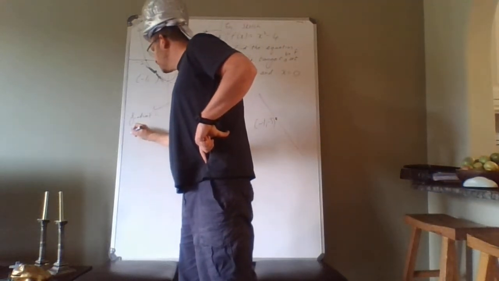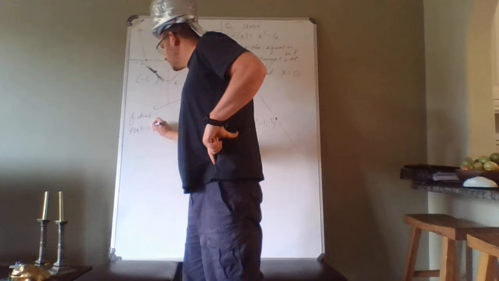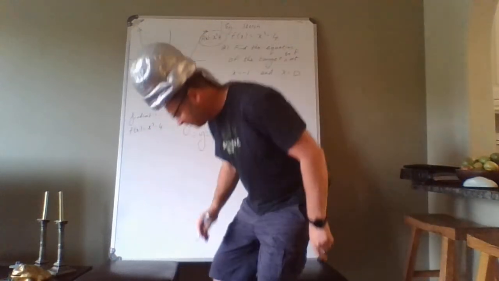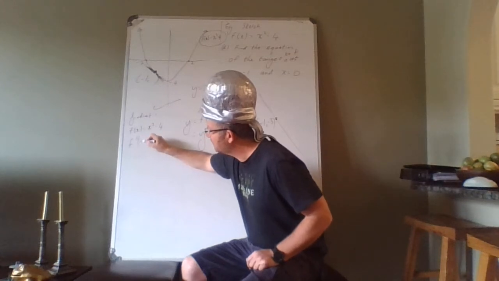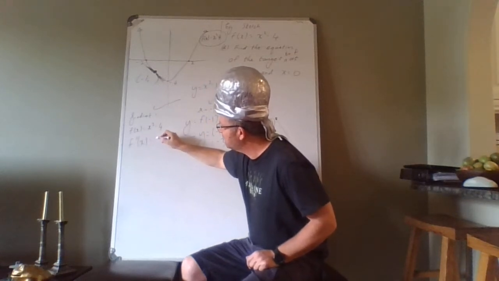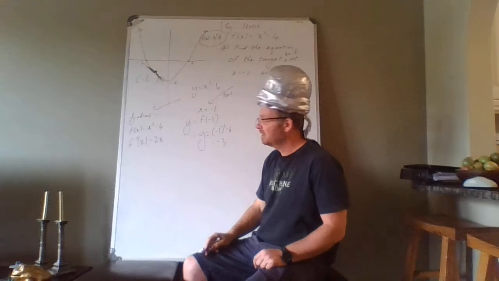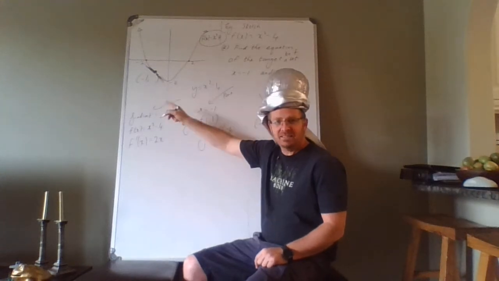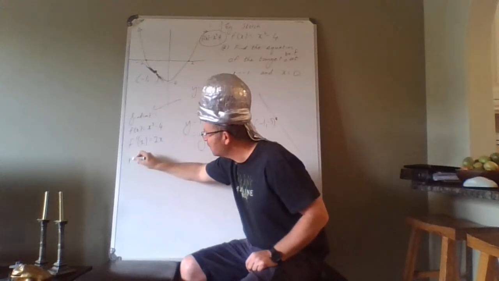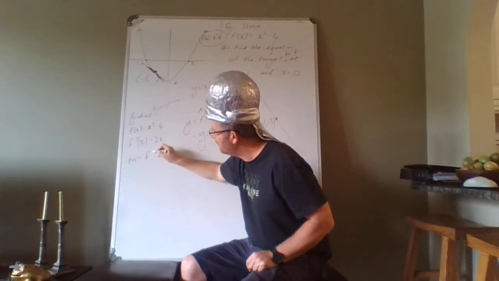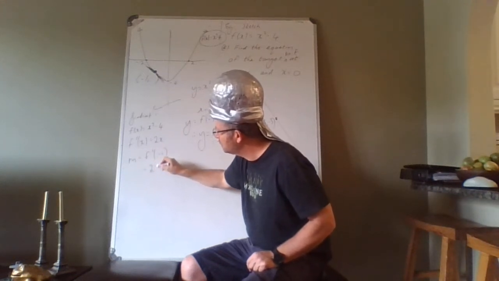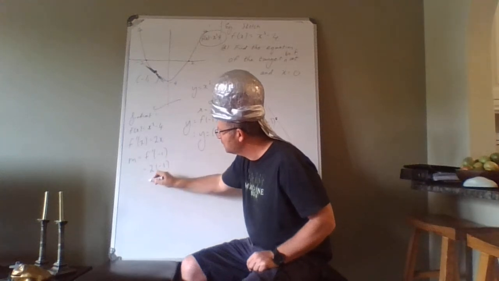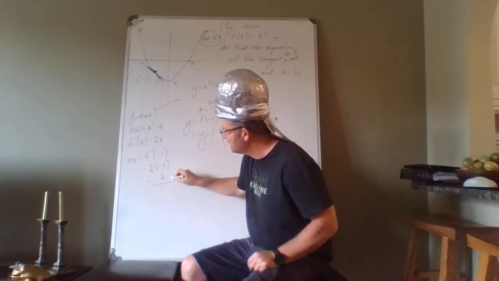So, first of all, the original function was f of x is equal to x squared minus 4. So your derivative function f dashed of x is going to be equal to 2x. We want the gradient at x is equal to negative 1. So my gradient is going to be equal to f dashed of negative 1, which is equal to 2 times negative 1, which is equal to negative 2.